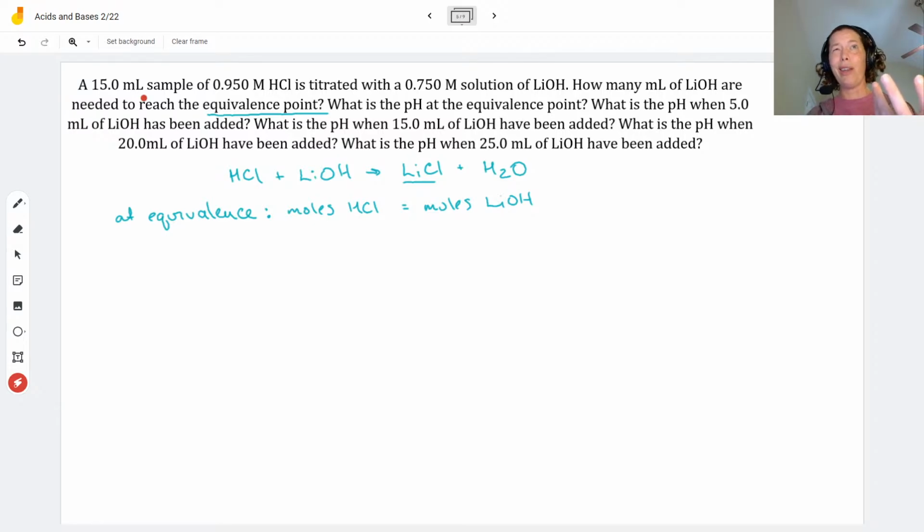You can go the other way, but usually you're going from colorless to pink. That is your end point. We consider it close enough to the equivalence point that we can do calculations from it, but they are not actually the same thing, so we use different words for it. Your end point is when your indicator changes color, and your equivalence point is what you calculate from your stoichiometry. That's when, for this equation, your moles are going to be equal to each other. So just FYI.